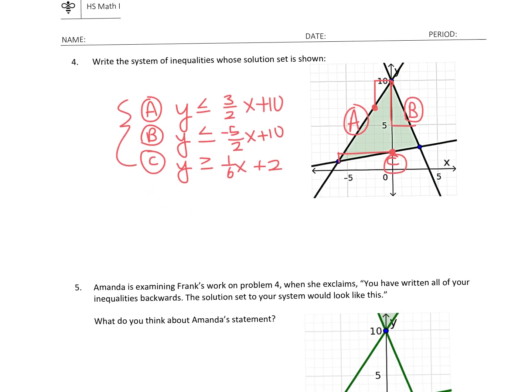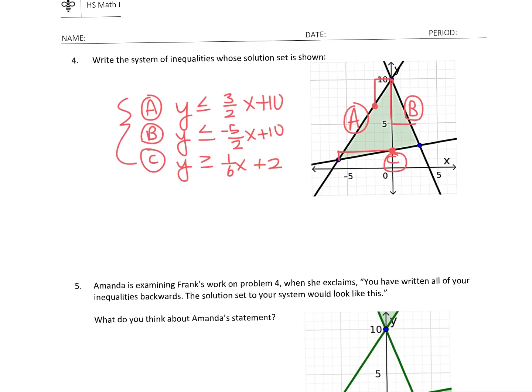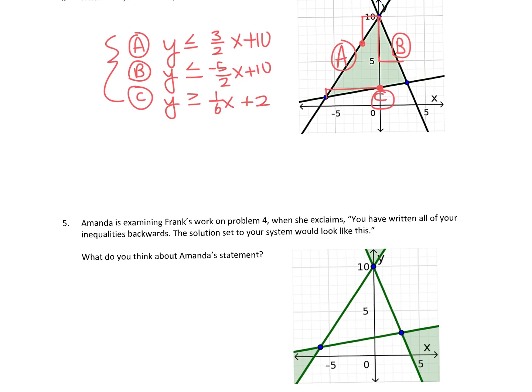Number 4 has us pretend that a guy named Frank completed number 4 and wrote those inequalities. And it says, Amanda is examining Frank's work on page 4 when she exclaims, "You've written all of your inequalities backwards. The solution set to your system would look like this. What do you think about Amanda's statement?"